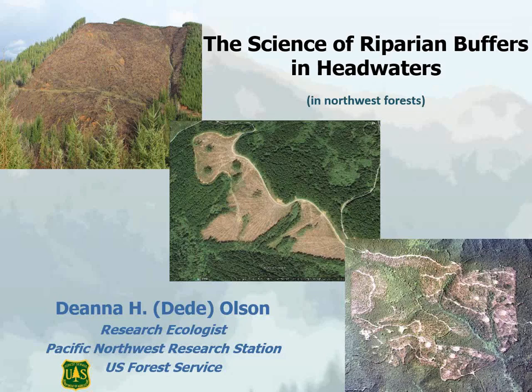I was asked to join a study design crew to develop a study that included riparian buffers as well as thinning. So up to now, I still am working on that study, 23 years on, before, during, and after buffer implementation.